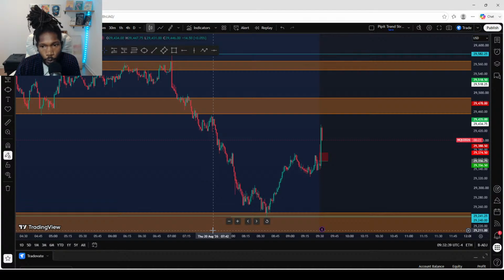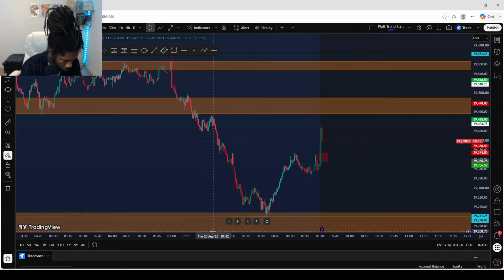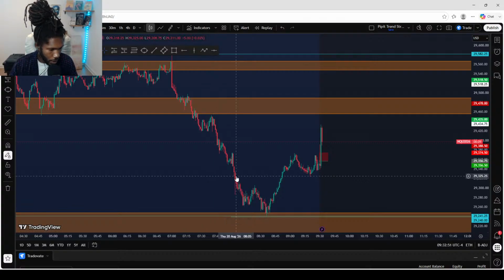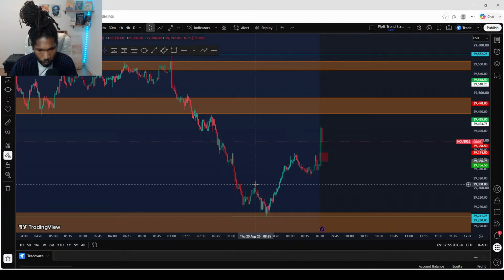Let's see. So that was a loss of like $300, 350. That's not bad. Target was going to be right here. This level. These levels right here. 1, 2, and then this low.